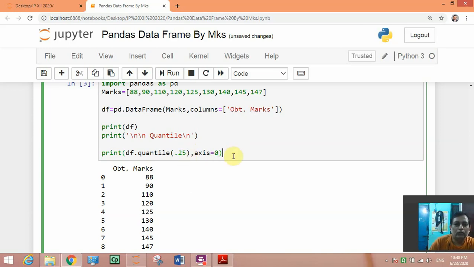So what output will come, you can see here.